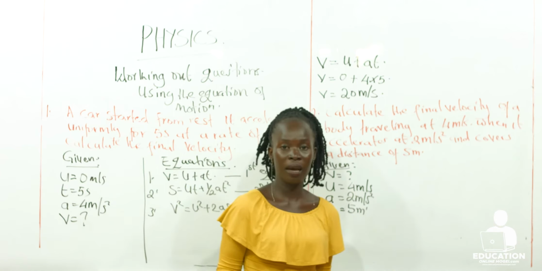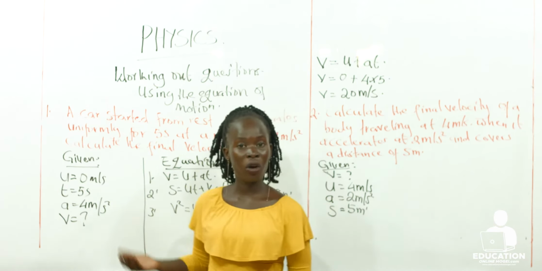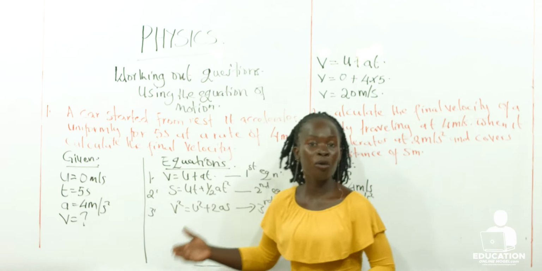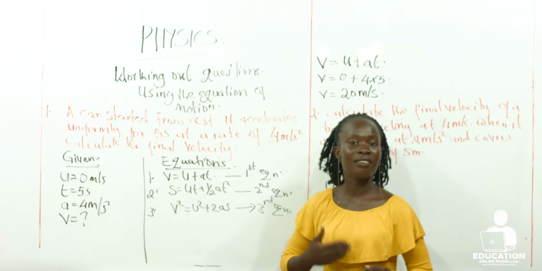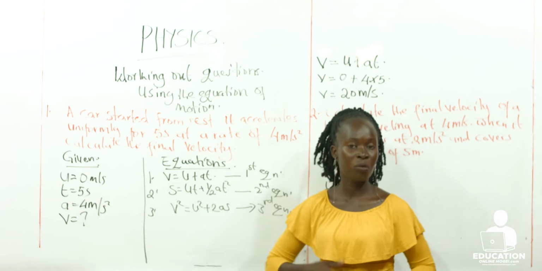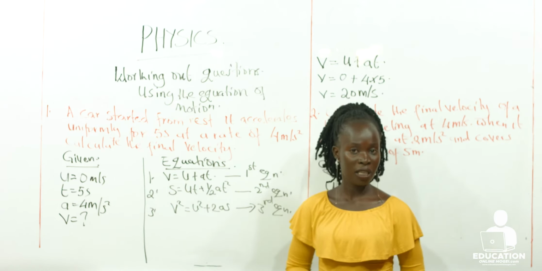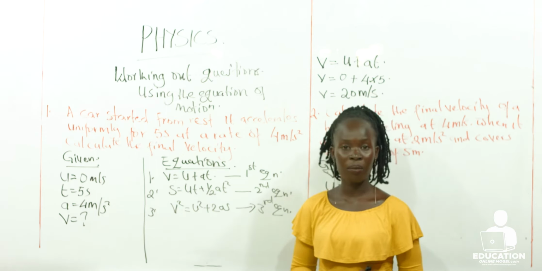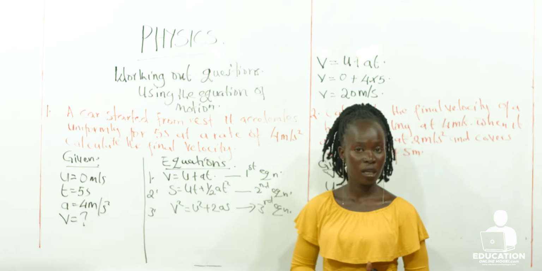You don't know the time. Are you going to say 0? The body moved, and when it moves, that means there is a time interval. If it is not given in the question, that means the body's travel was not actually timed.